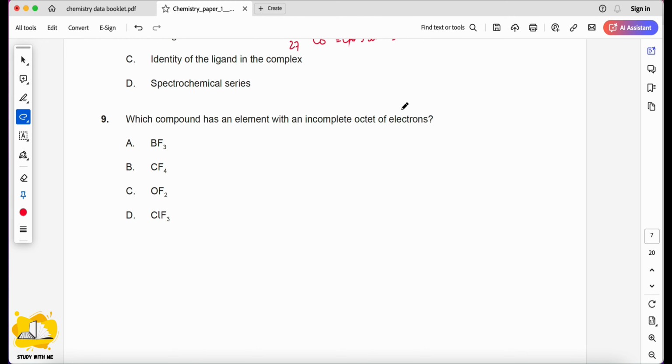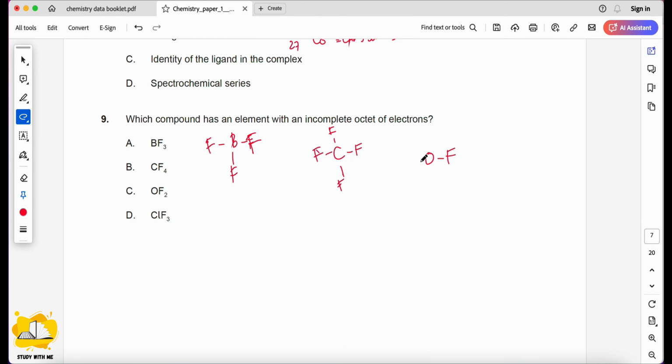Which compound has an element with an incomplete octet of electrons? So BF3, because in BF3 we have only 6 electrons, so it is incomplete. If it's CF4, as you can calculate this 1, 2, 3, 4, 5, 6, 7, 8.